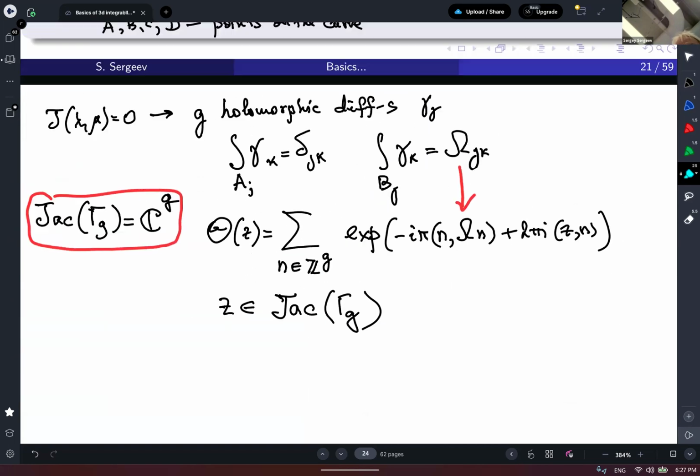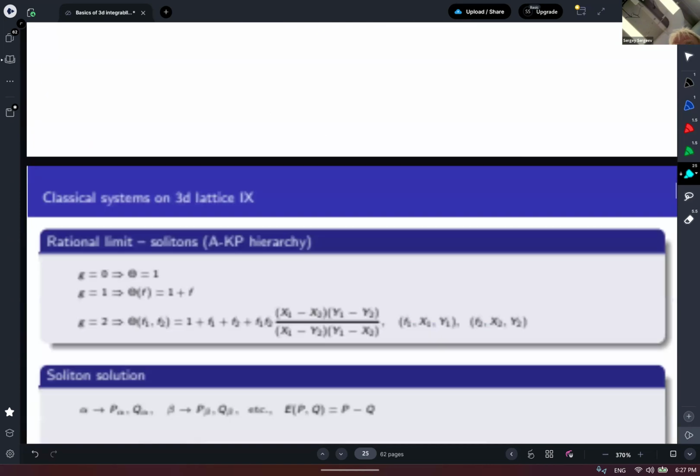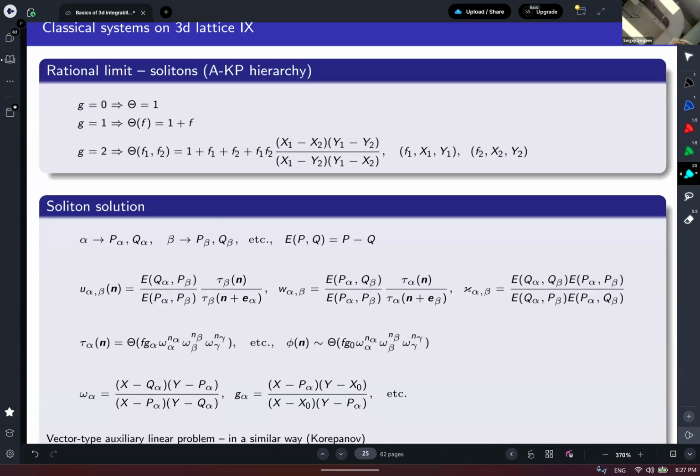And I understand it's very hard to work directly with theta functions. As I told you, if the genus is 2, then more or less we can write some software. If the genus is greater than 2, then no computer can compute anything. Therefore, for verification of all formulas, there is what is called reduction of the algebraic curve to the sphere with selected points.